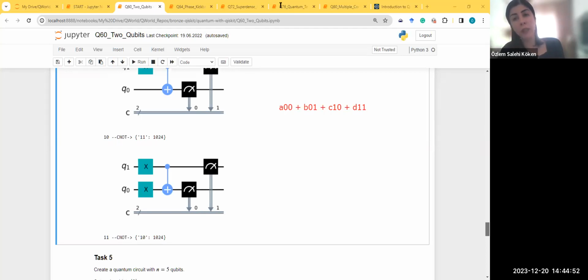What will happen if we apply CNOT to such a state, which is in superposition of all four states with amplitudes A, B, C, D respectively? Any ideas?